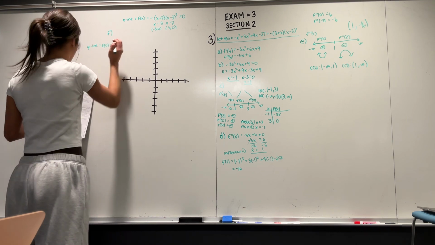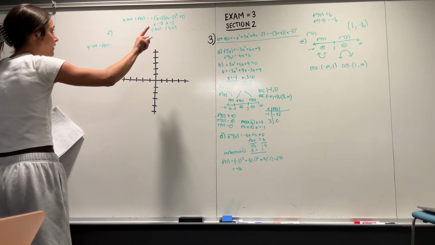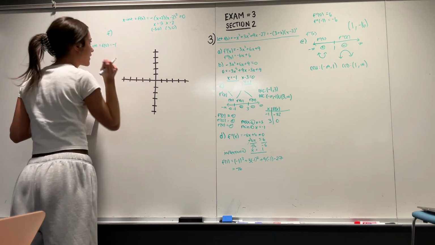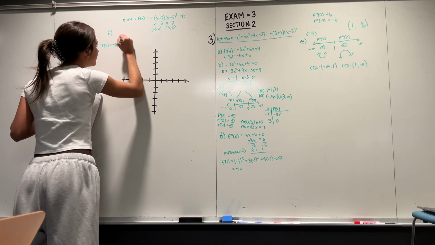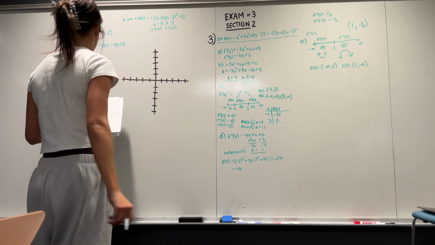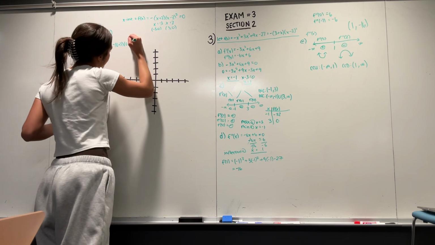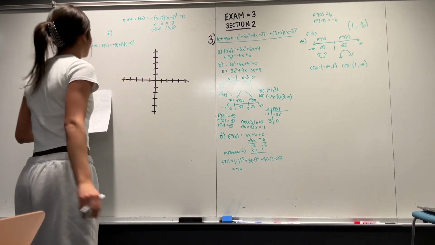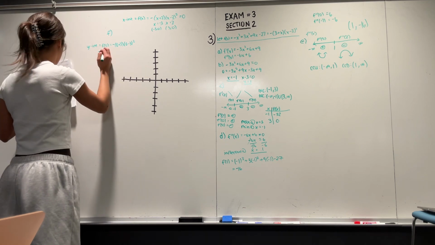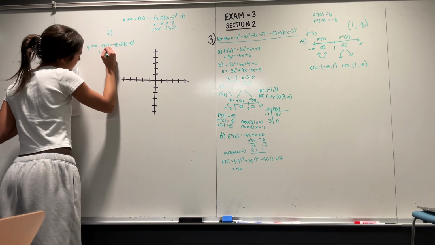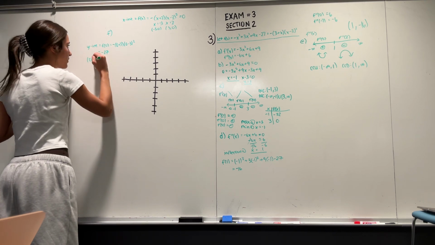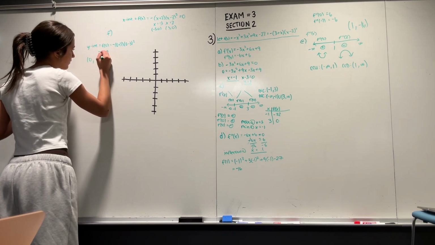So if we plug in 0 for the x's, we're going to get negative 0 plus 3, multiplied by 0 minus 3 squared. If you evaluate that, you're going to end up with negative 27. So the point for the y-intercept is going to be 0, negative 27.